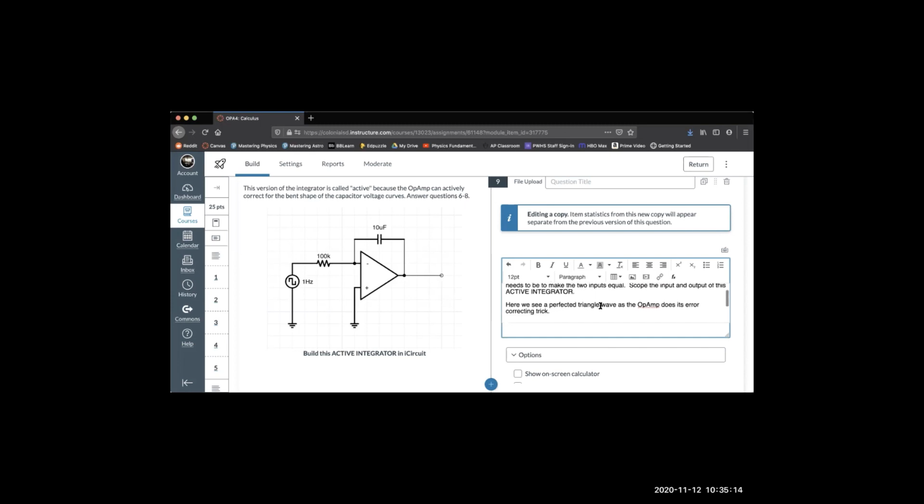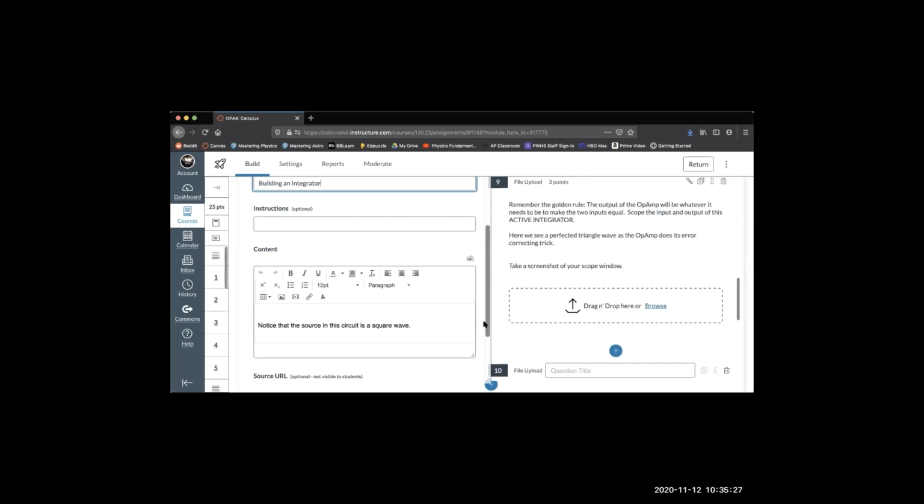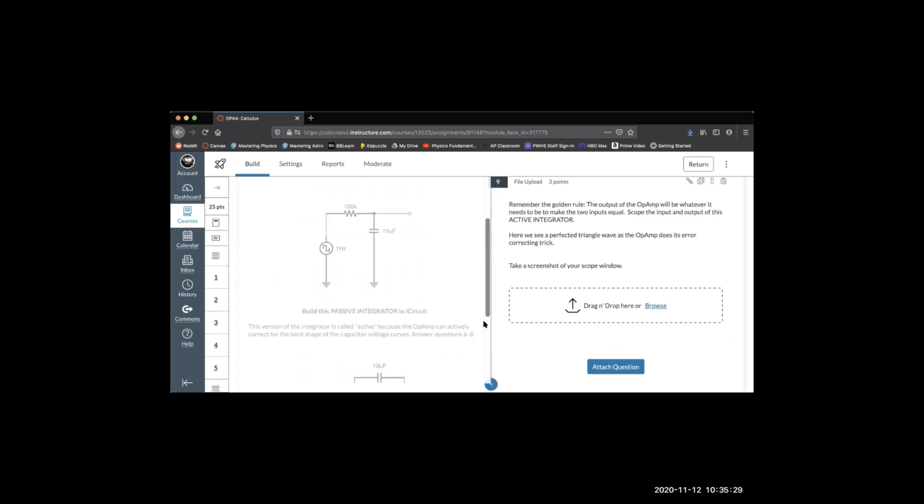It's the active integrator. And when you do it, you'll find that it produces a lovely, lovely triangle wave.